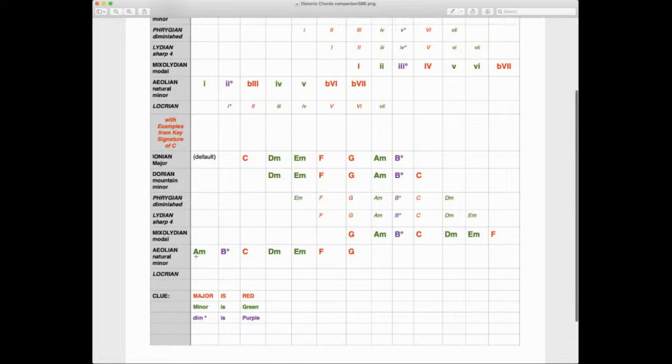Because the relationships of the notes in the scale I played to each other has shifted, even though the pitches are exactly the same. Now, the other thing to notice is the C chord is major in both cases. The D minor and E minor are the same. F and G are the same. A minor here, B diminished here. So it's the same set of chords, but because they show up in a different order, they feel different.